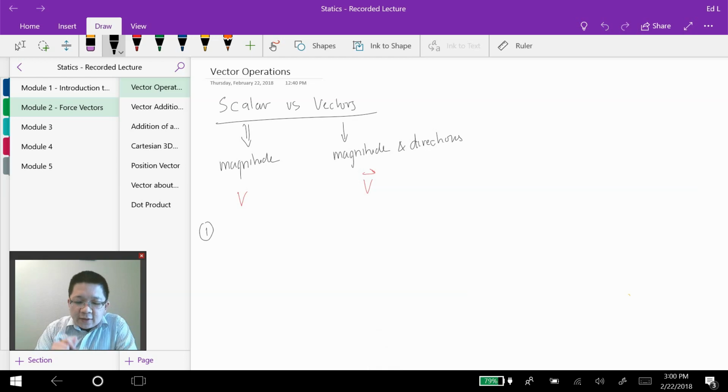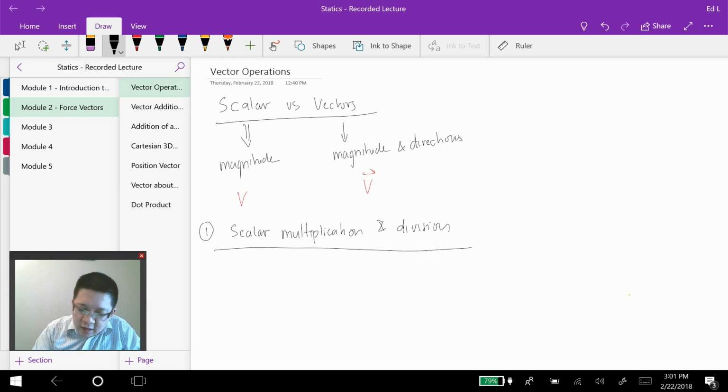And then the first of the factor operations that I would like to discuss here is scalar multiplication and division.